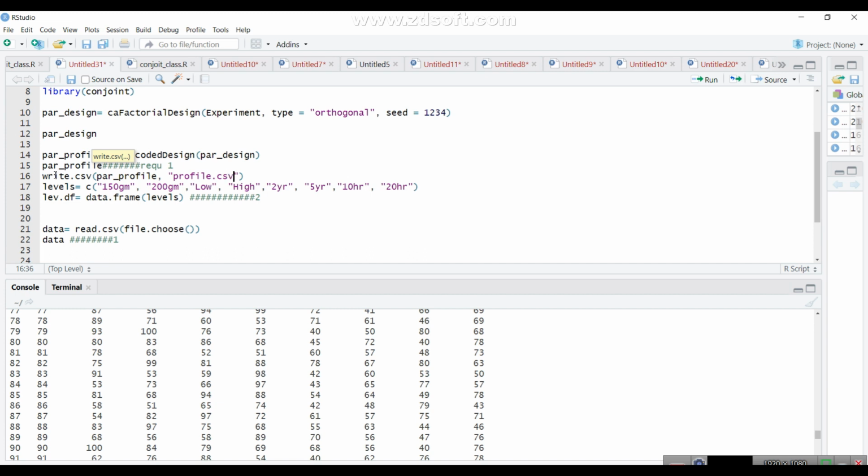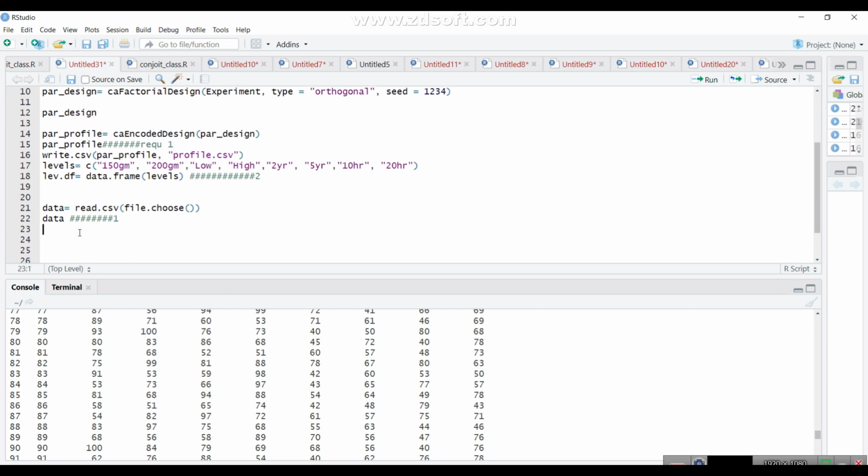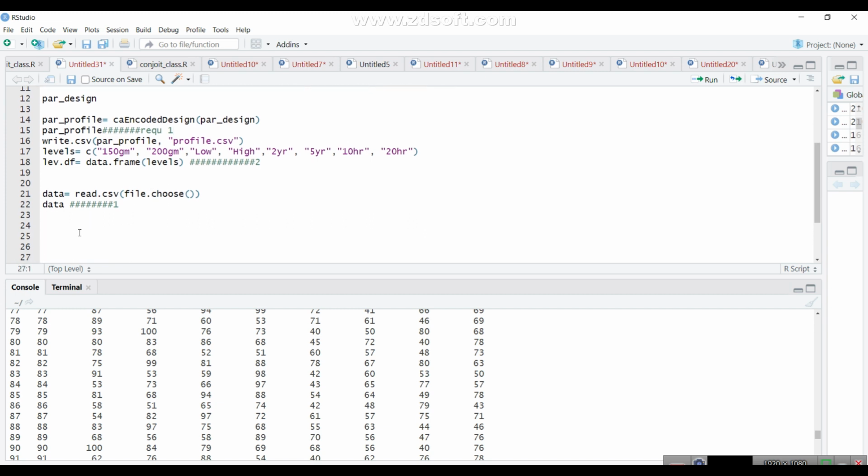So I can save these objects too. I'm not saving this now, I'm just showing you how you can do it. Now I have all the required things to proceed with my conjoint analysis.